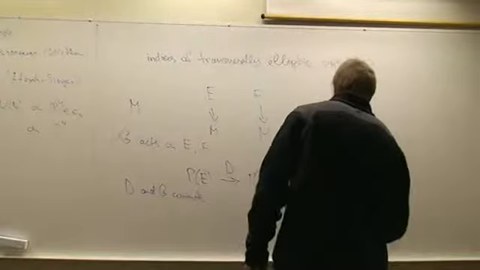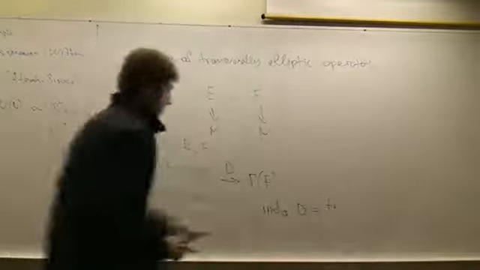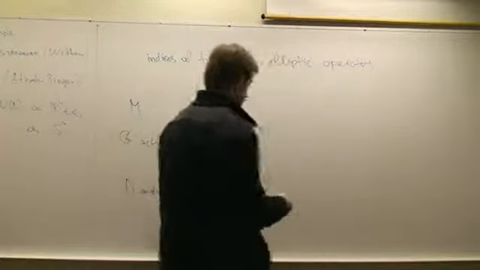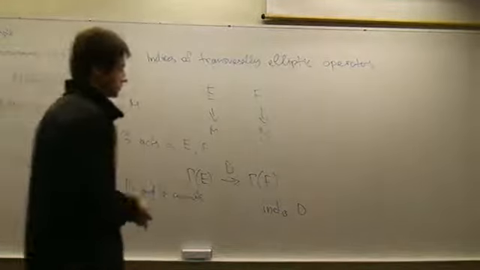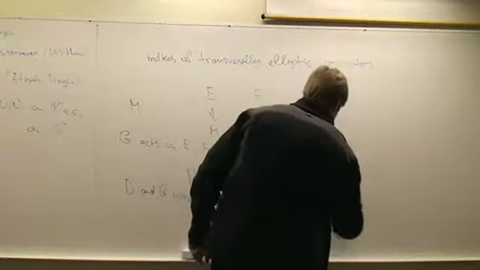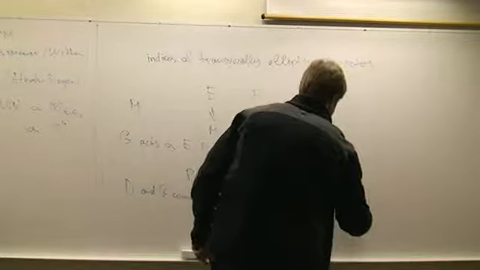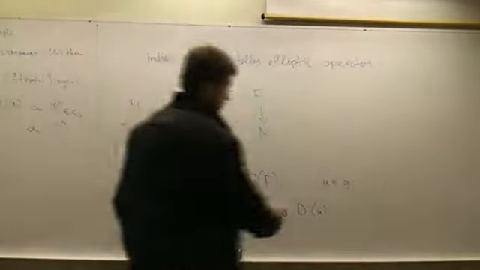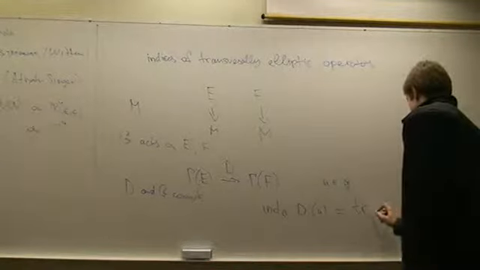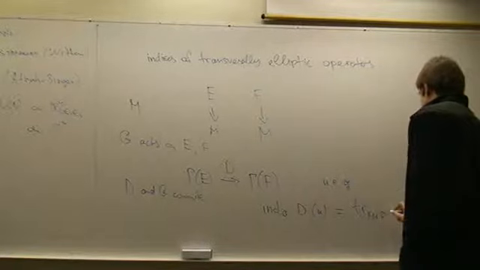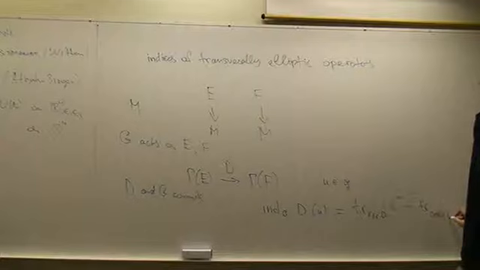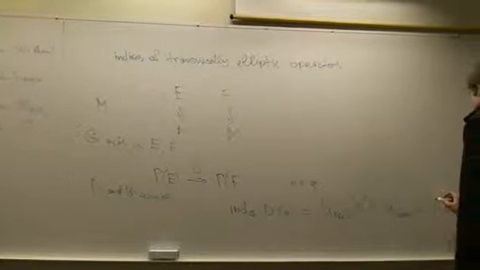It's easier to think about this index as a function on the Lie algebra of G. So if I evaluate it on some element U from the Lie algebra of G, I get, defined as, the character of the kernel of D, e to U, minus the trace of the co-kernel of D, of e to U.